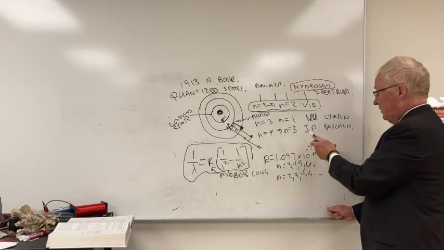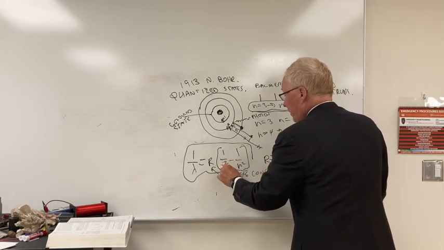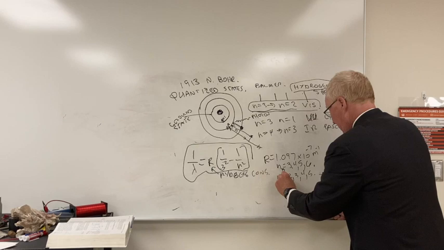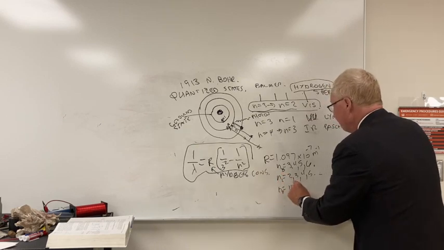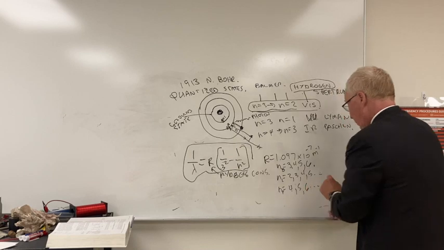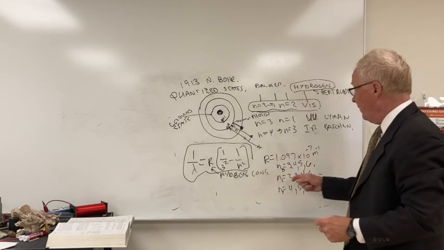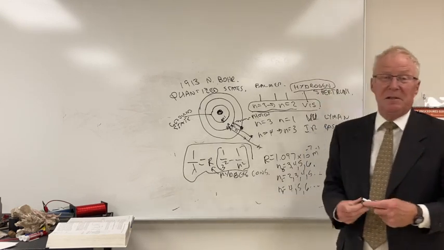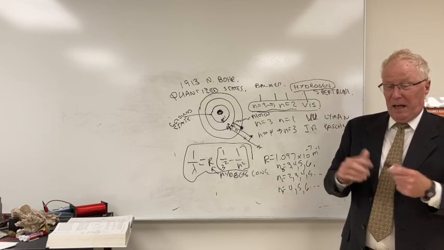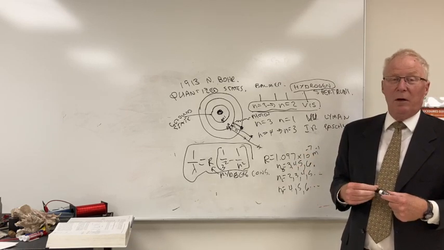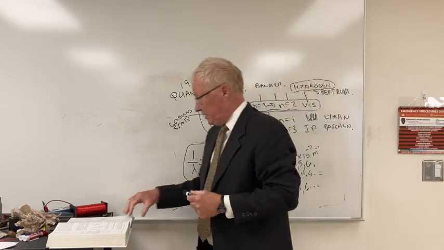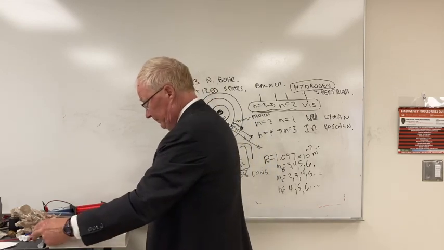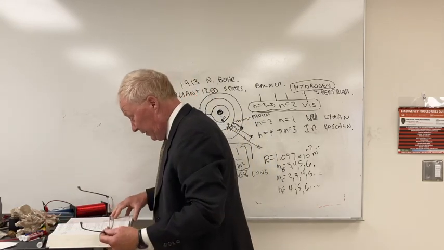For the Paschen series, this is 3, and n is 4, 5, 6, and so on. If you have 2, then you have the Balmer series, which gives a visible spectrum. That's the basis of labs 11 and 12, which deal with this characteristic. It does get kind of complicated.